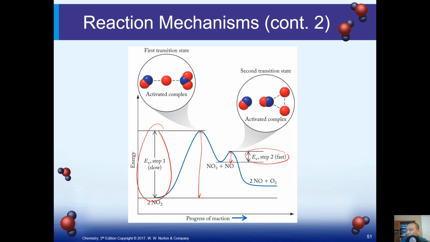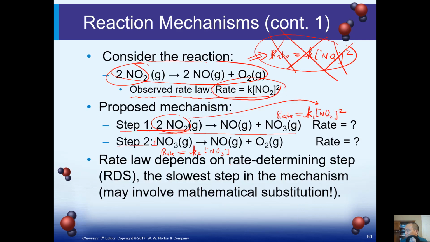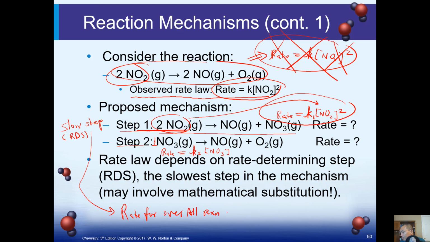If step 1 is the rate determining step, we go back and we know the reaction rate is based on the first step, which is the slow step, or so-called rate determining step. That's why for this particular reaction, because step 1 is the slow step, the reaction rate for the overall reaction is always the same as the rate law for the rate determining step.